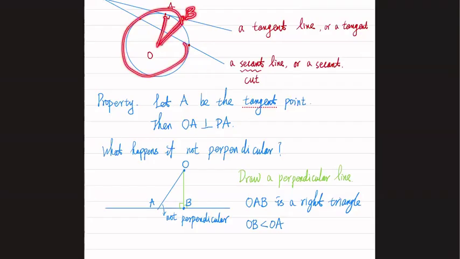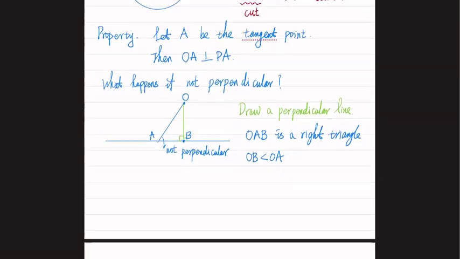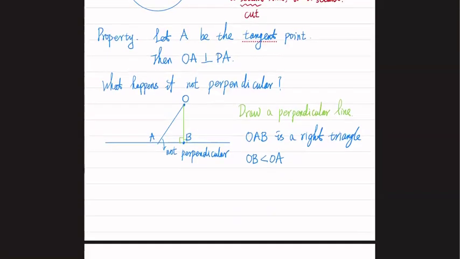OB must be bigger than the radius. This is a contradiction. Okay, so this is the thought, now the proof. Proof by contradiction.